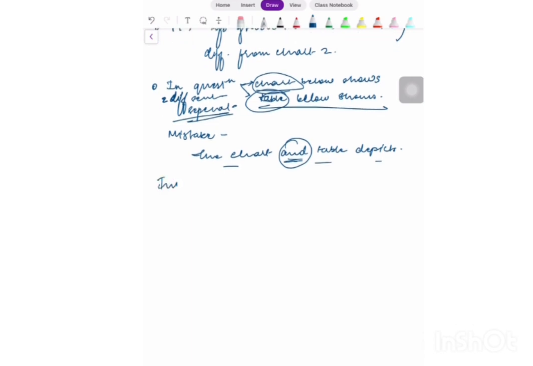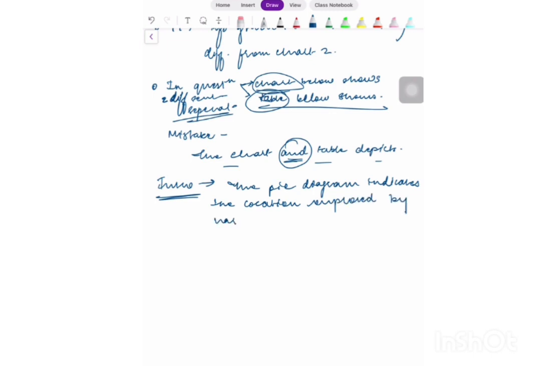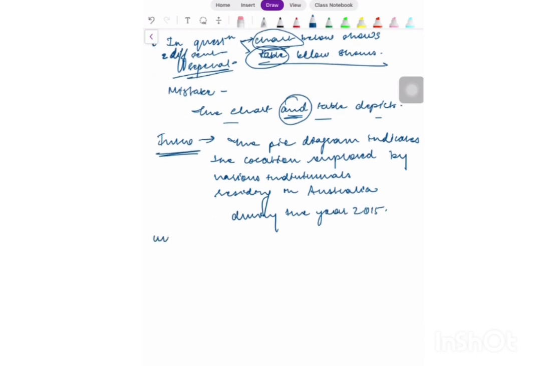So what introduction do we need to write is, for example, the pie diagram indicates, okay, for example, the locations explored by various individuals residing in Australia during the year 2015. Whereas, then you have to add the word whereas in that itself. So whereas becomes your connector.